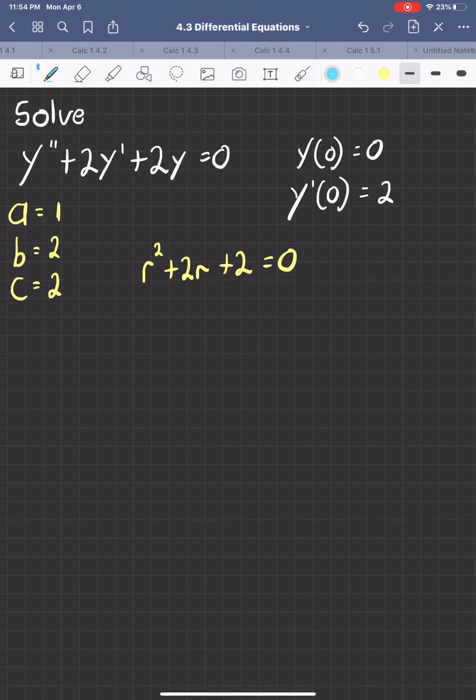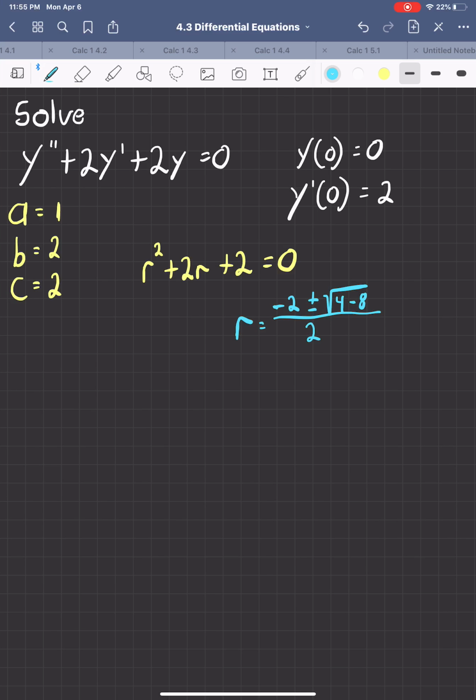So in this case, the quadratic formula would tell us that r is equal to negative B, so negative 2, plus or minus the square root of 4 minus 8, over 2 times A, which is just 2.